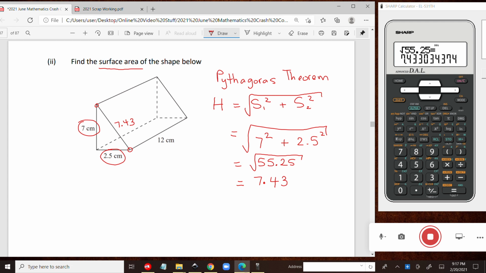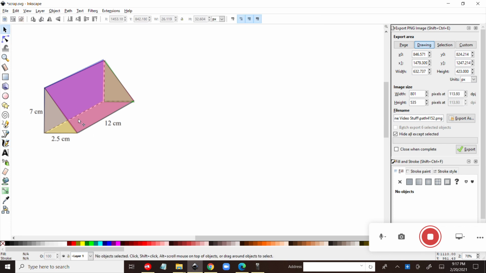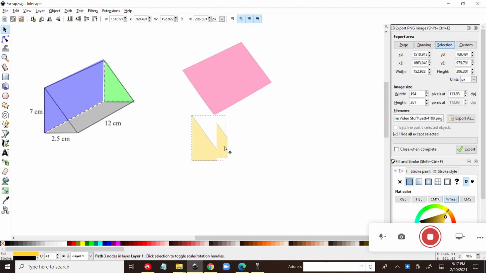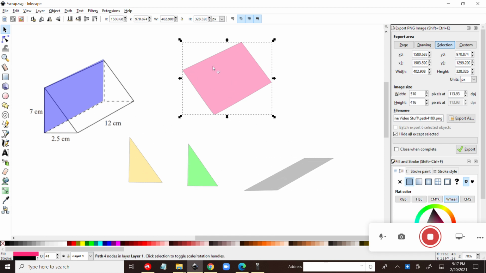So what I did, I redrew this diagram. I'm going to take apart this shape here and divide it to show you the 5 different pieces that make up the shape. There's the piece in front here, there's a triangle here, a triangle over there, the base is a rectangle, the one that's highlighted here.